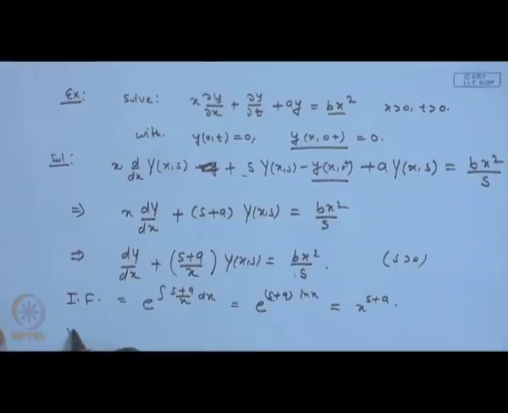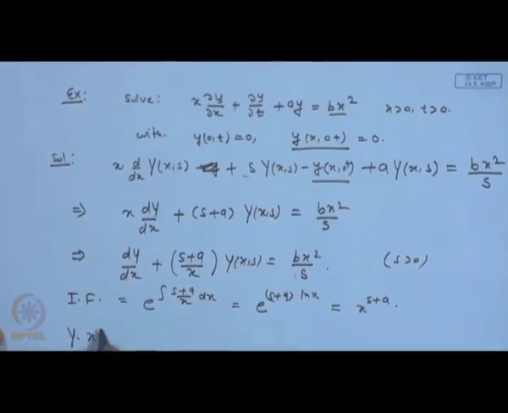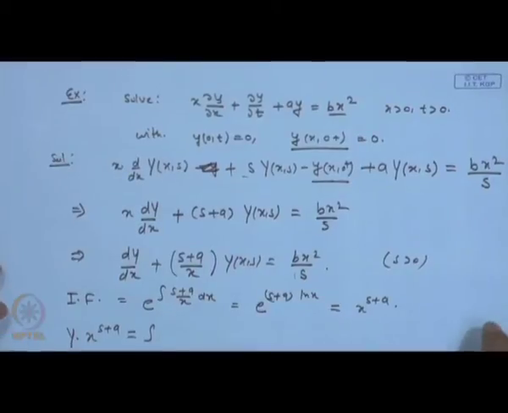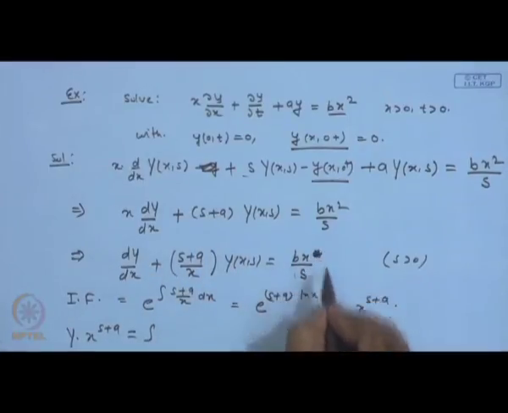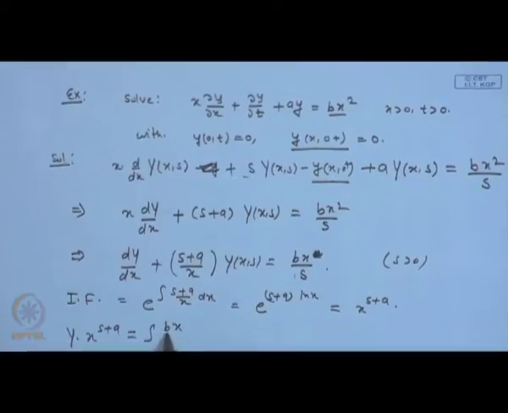Then the solution is y(x,s) times x to the power s plus a equals the integral of the right-hand side, where dividing by x we have b x over s, so b x over s times x to the power s plus a dx, plus a constant.